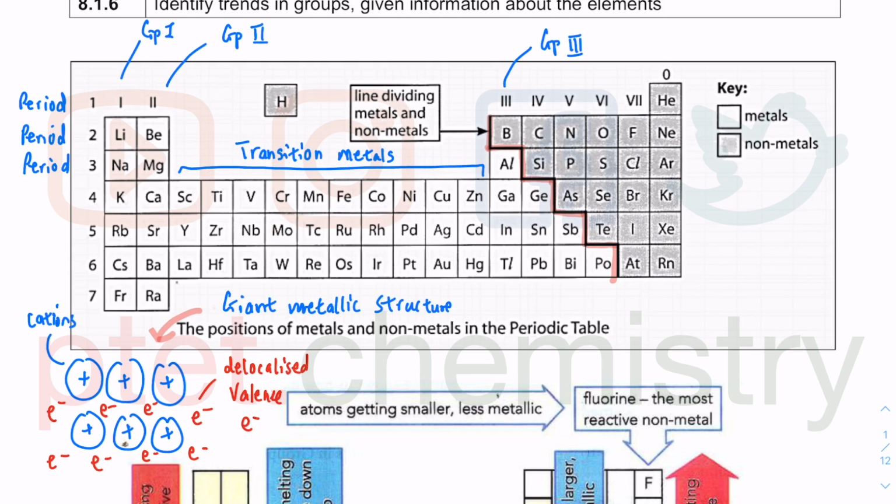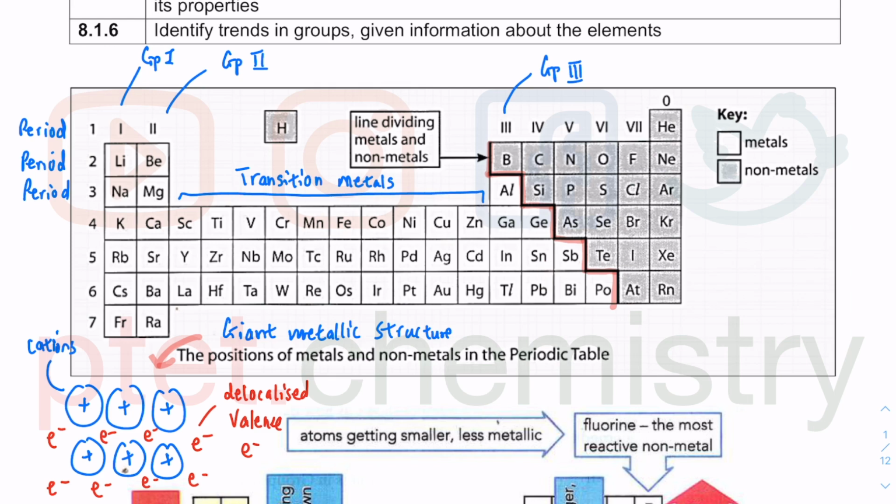All of these, including the transition metals, group 1, group 2, and part of group 3 metals. And some of these metals further down in each group, as you could see, go from non-metals to metallic. So what I could say is they become more metallic down the group: group 3, group 4, group 5, and group 6.